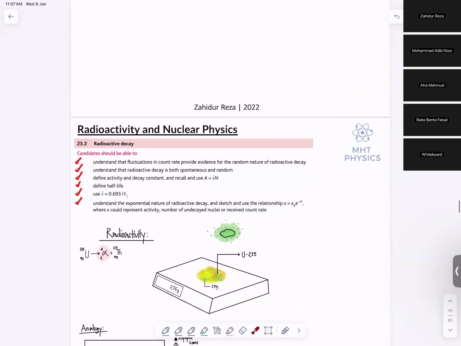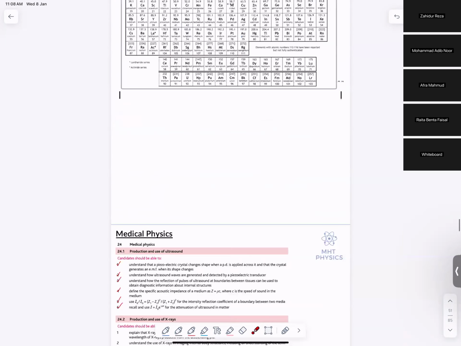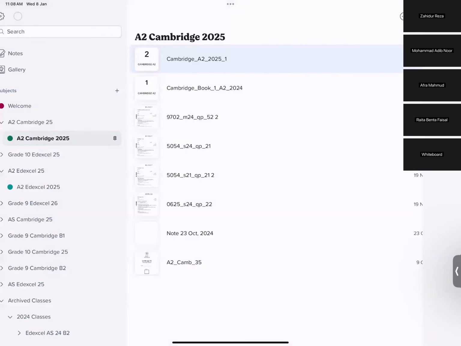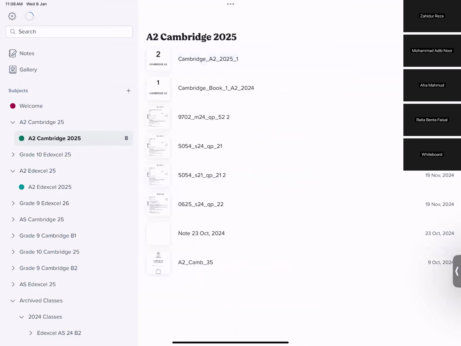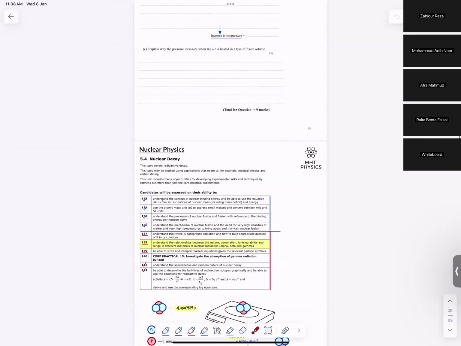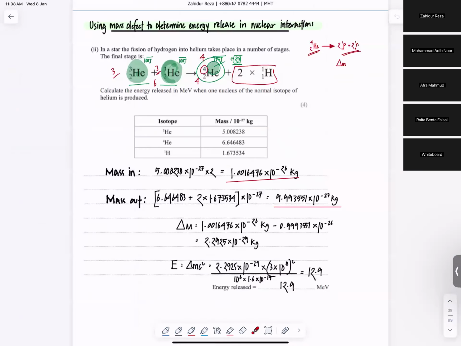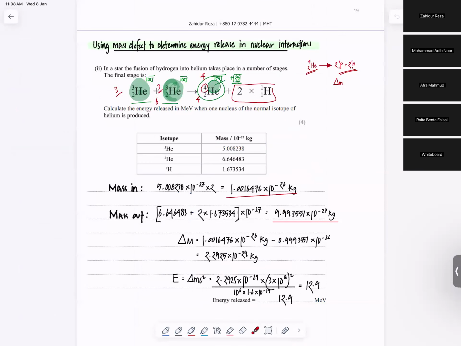Questions গুলো এরকম দেখতে হয়, I'll show you. রাইট এই যে এভাবে দেয়. সো কি বলছে এখানে, in a star the fusion of hydrogen into helium takes place and it produces your energy, right? Find the energy released. So কেমনে energy release করব, মানে বের করব?